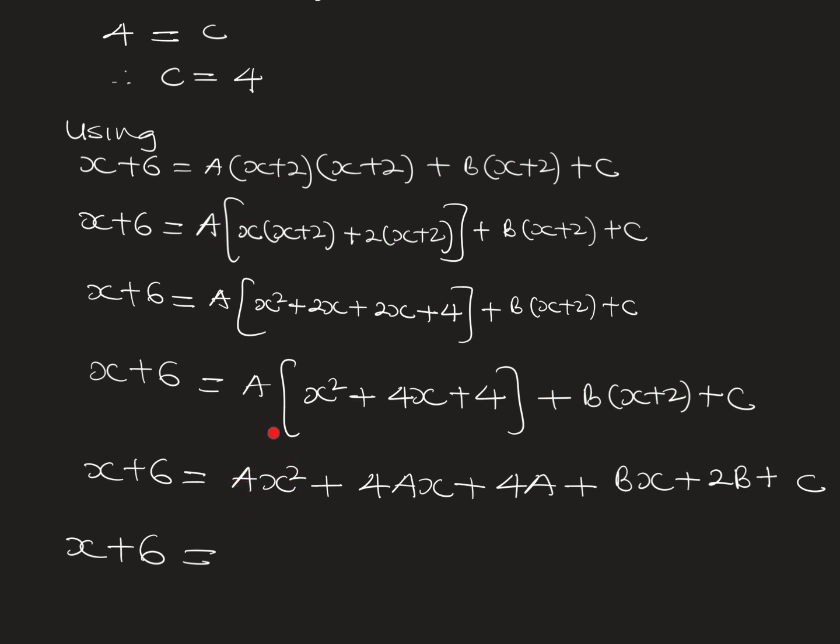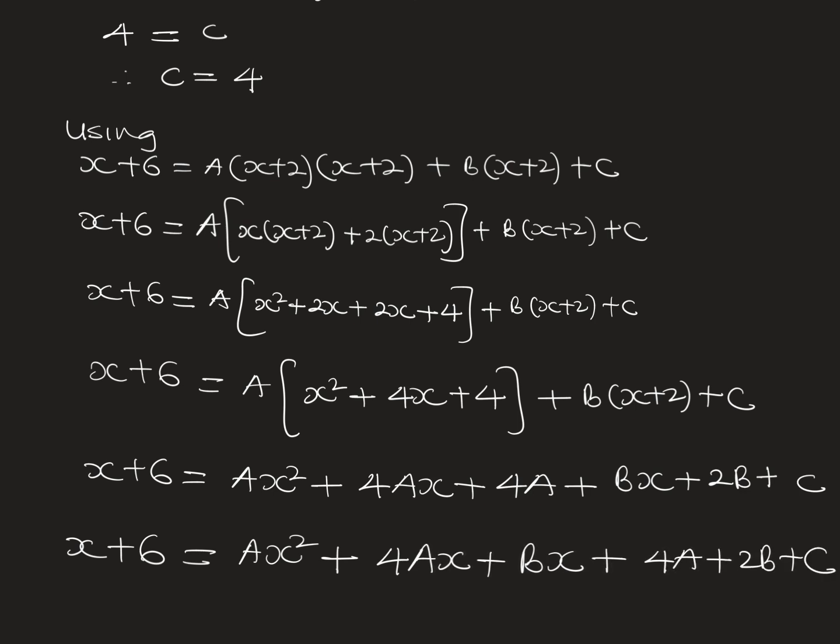So that is going to be ax squared, then plus this 4ax and this bx do have x in them, so they form the bx term. So let me bring them together. That will be 4ax plus bx, then the rest will be 4a plus 2b plus c.